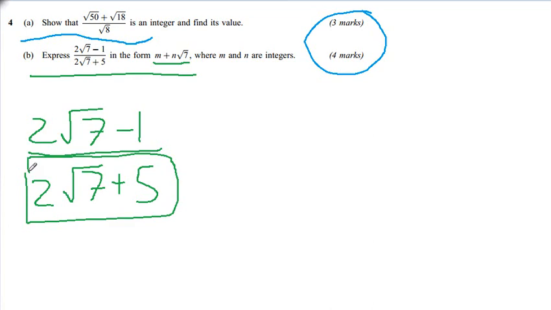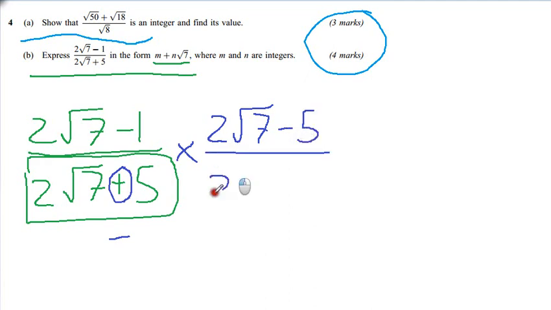We've got 2 root 7 plus 5 on the bottom. Let's take that plus and turn it into a minus, and then times top and bottom by 2 root 7 minus 5 over 2 root 7 minus 5. And I think I should explain why that works. It just looks like I'm saying, do that, remember it, and it magically works.